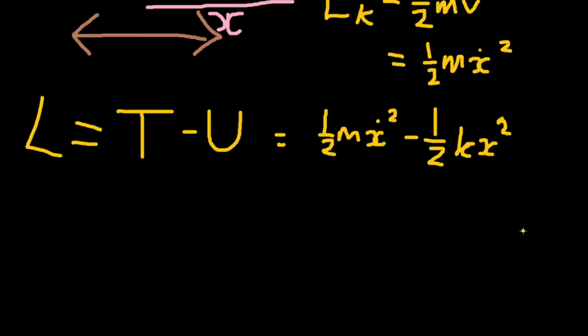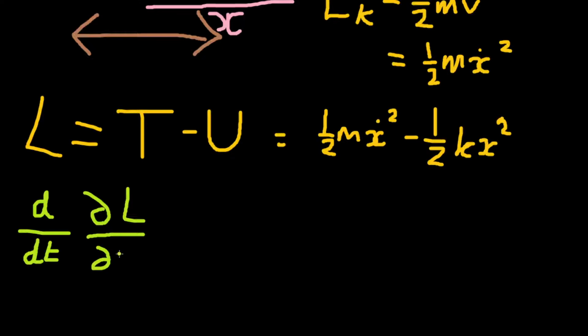Okay, so using the Euler-Lagrange equation, the derivative with respect to time of the partial of the Lagrangian with respect to x dot is equal to the partial of the Lagrangian with respect to x.